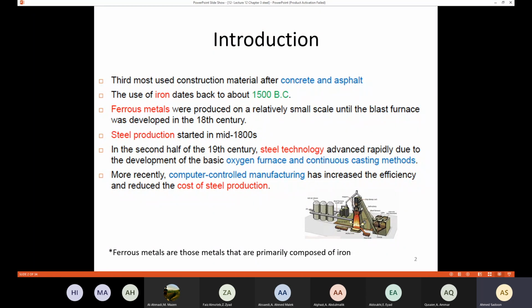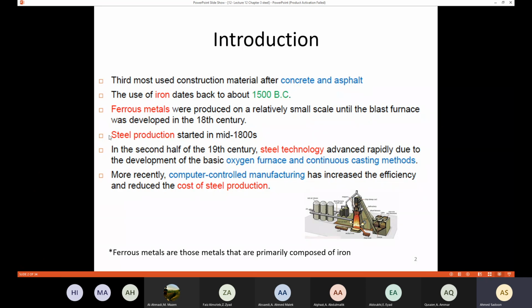It was not being produced on a large scale until the invention of the blast furnace. Here is a blast furnace, just like a big furnace with special equipment. After its invention, steel has been produced on a large scale.